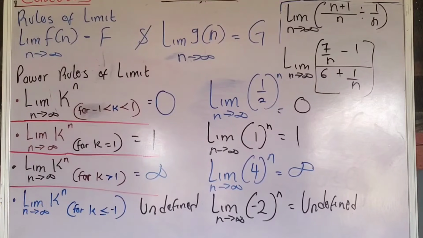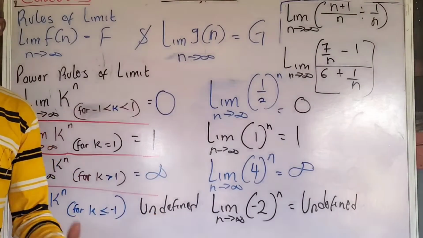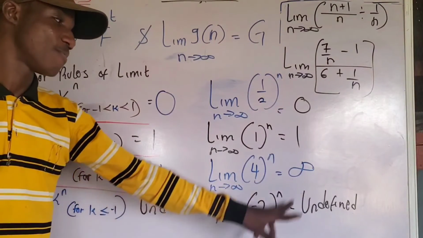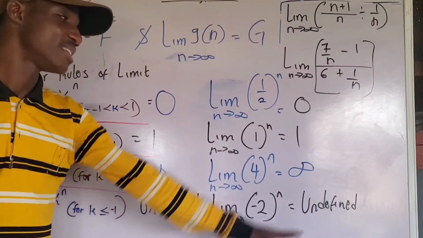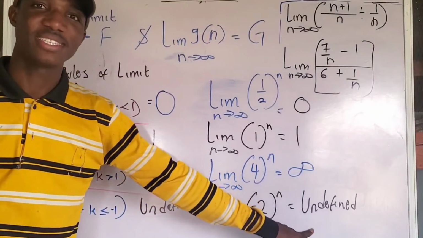Because the sign changes repeatedly, from positive to negative and from negative to positive depending on the value of n. And because n is infinity, and I told you that infinity doesn't have an actual value, the output of this function is undefined.